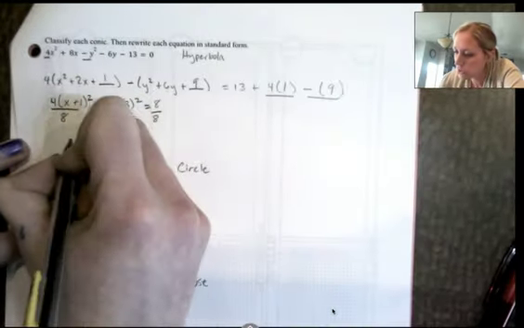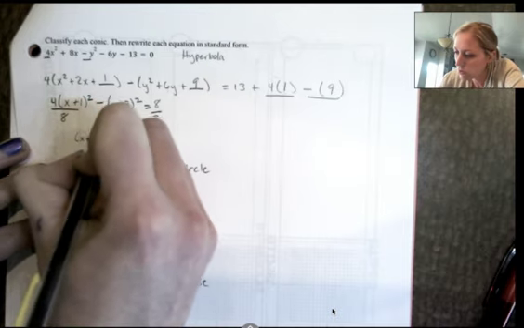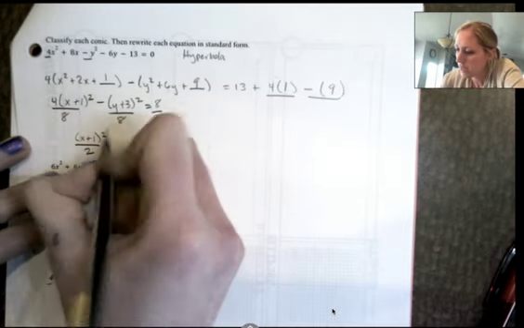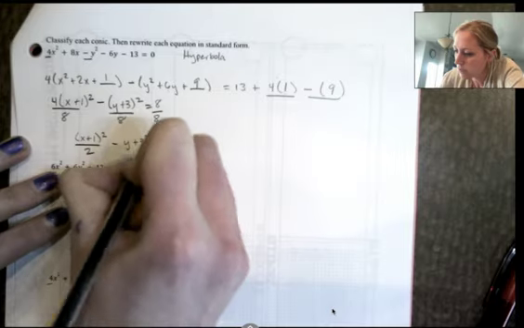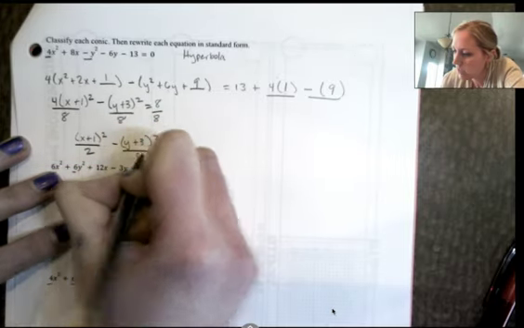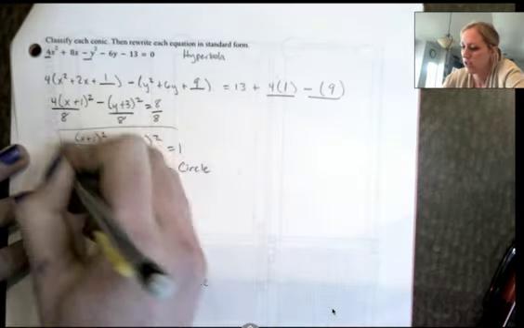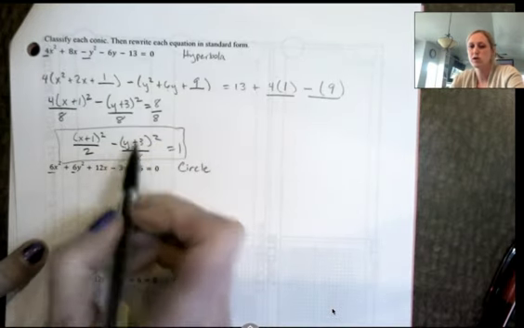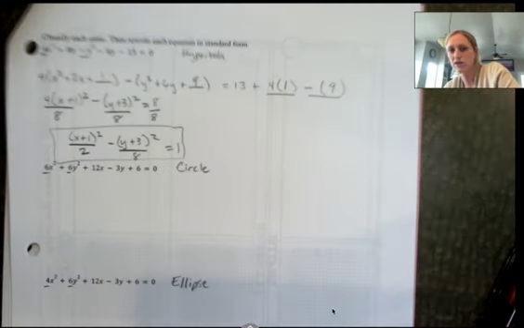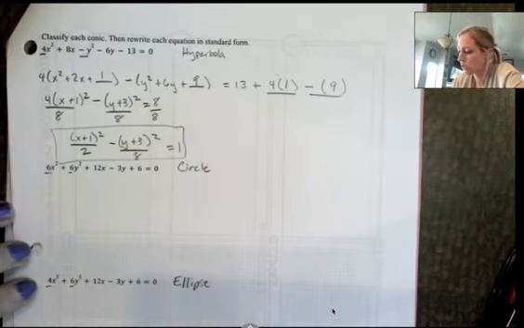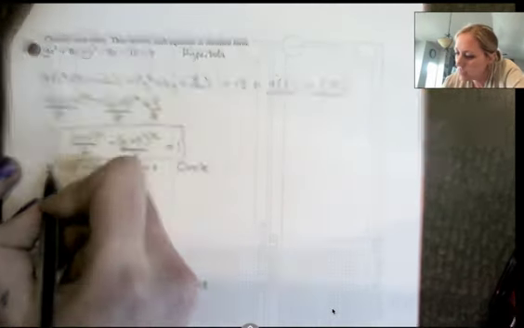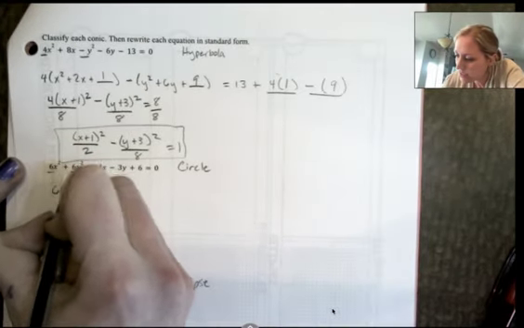Can reduce that to 2, so (x plus 1) squared over 2 minus (y plus 3) squared over 8 equals 1. So I knew it was a hyperbola, so I know what it should look like at the end as well. Circle, I also am going to complete the square, put the x's together and factor out a 6.